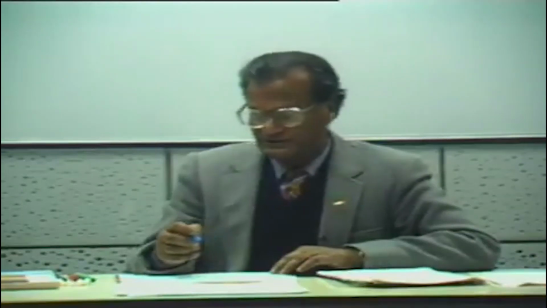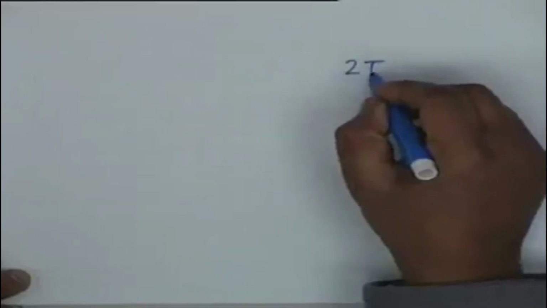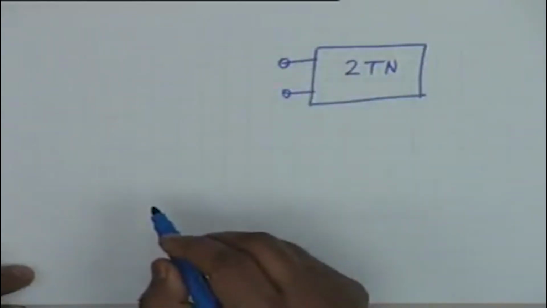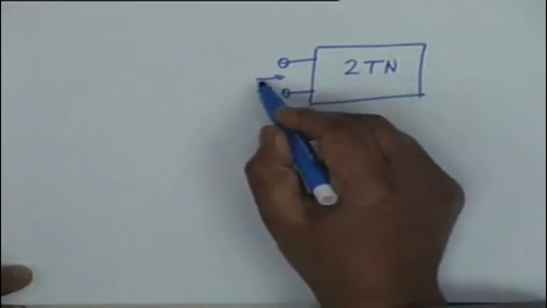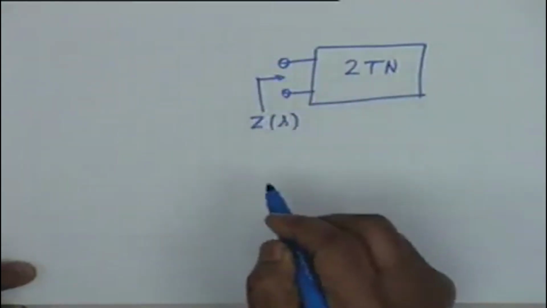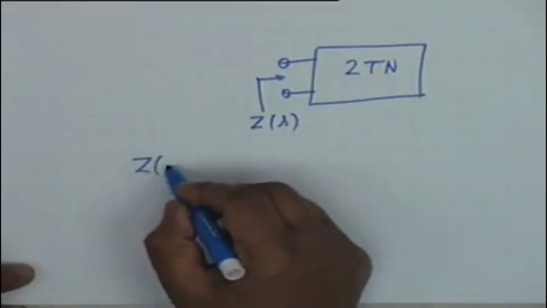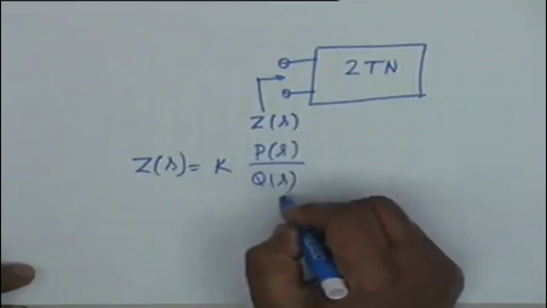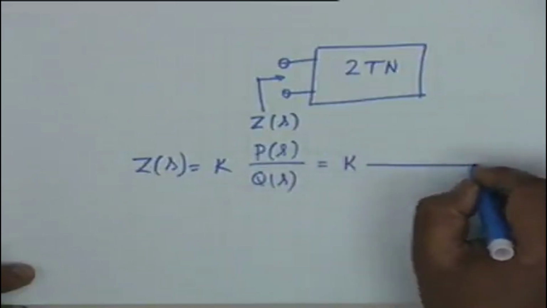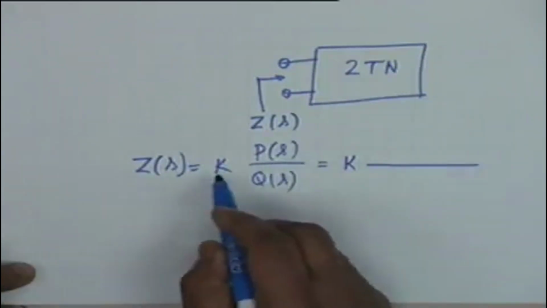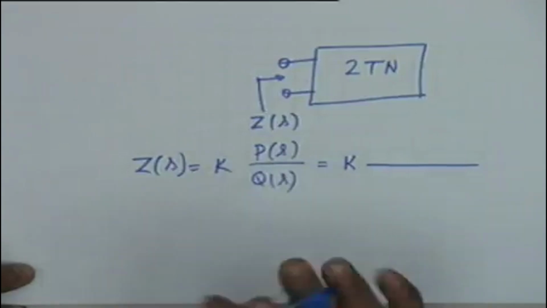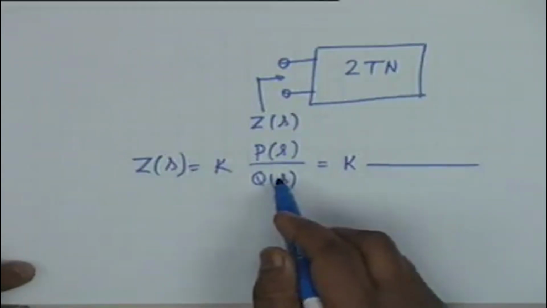You take a 2-terminal network, and between these 2 points you measure or calculate the impedance or admittance. Let the impedance be of the form K P of S divided by Q of S. You remember how K was taken: K is taken out such that P of S has the highest power coefficient as unity, and Q of S has the highest power coefficient as unity.